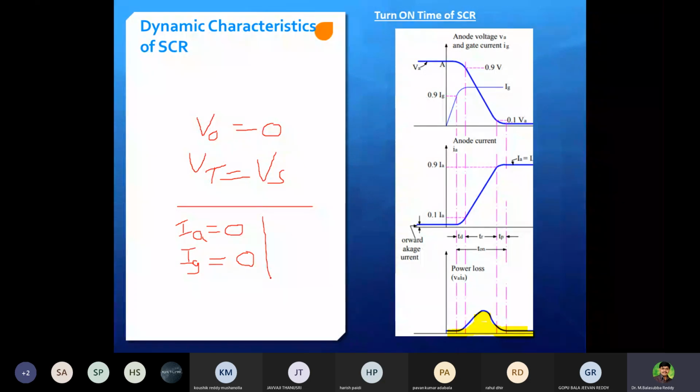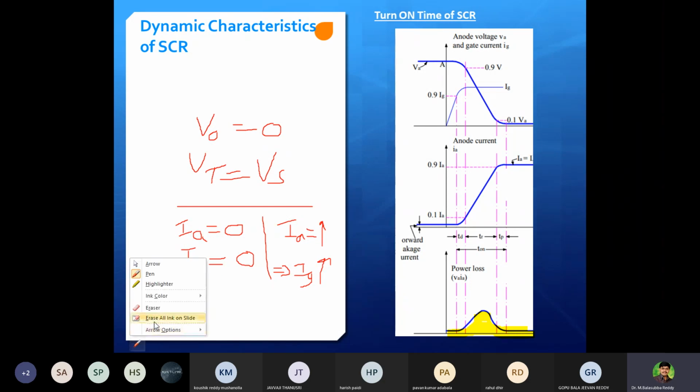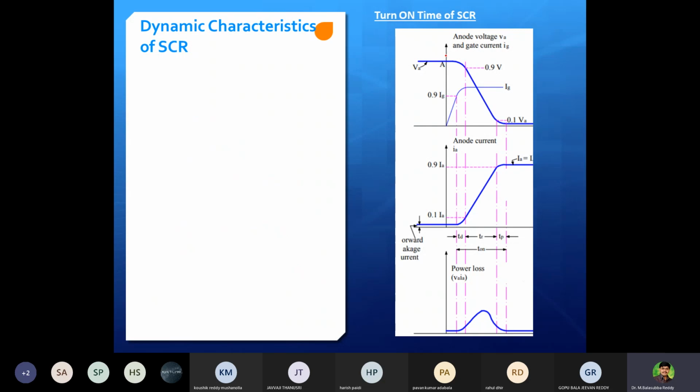So when the device is in the on state, what is the meaning? Anode current will be there. This will be gradually rising, and to turn on we require a gate current, initially 0, and we have to apply some gate current. So these are the normal basic rules. Now we can see these characteristics.